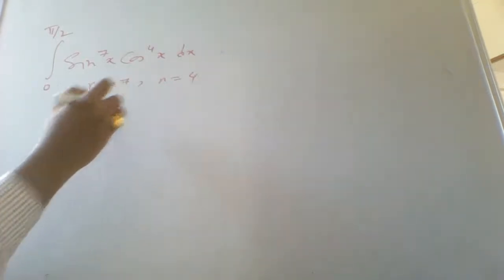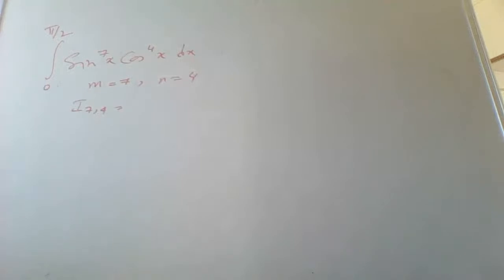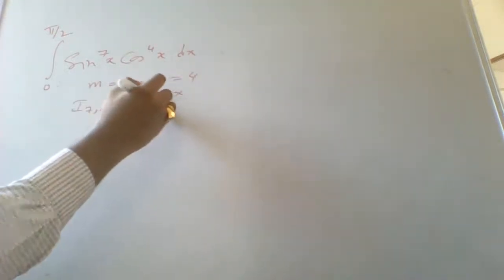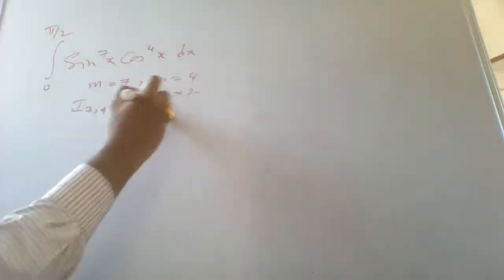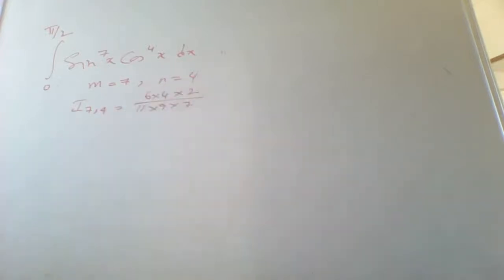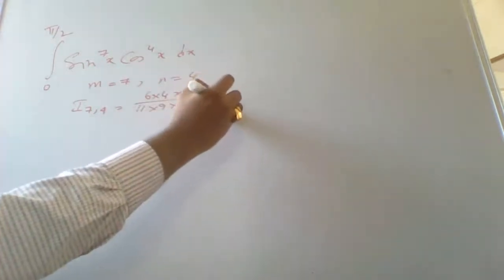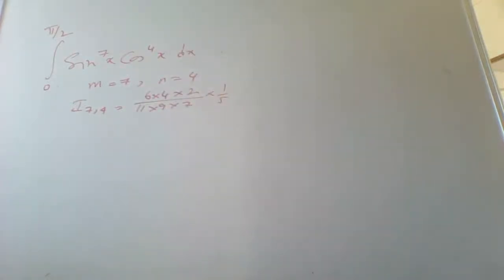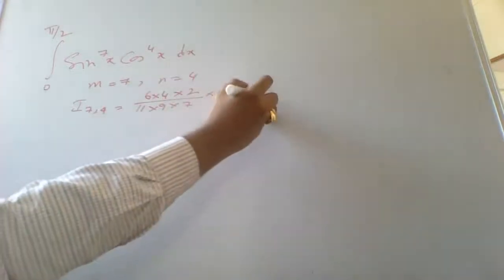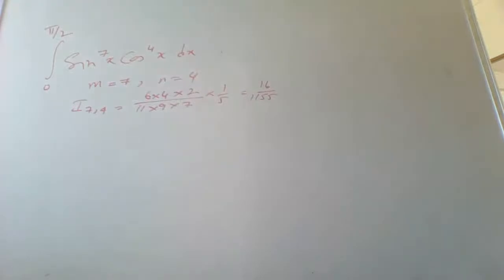So m being odd and n being even, we have 6 into 4 into 2 divided by 11 into 9 into 7, into 1 by 5, which simplifies to 16 by 1155. So this will be the result here.